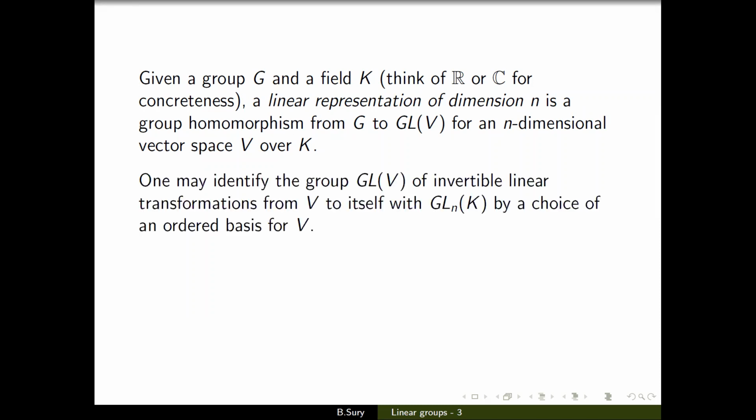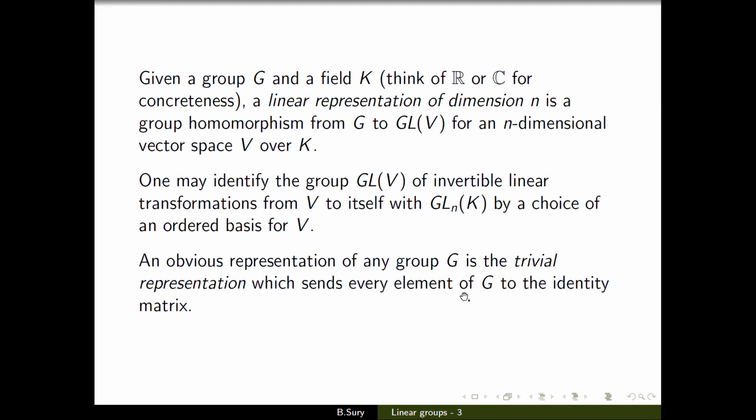As we know, the invertible linear transformations can be identified with n by n invertible matrices by choice of a basis. So what is an obvious representation? Of course, you can just completely forget that the group has to act on something. You just let it act trivially. That means the linear action of G on V is the trivial action, that means G goes to the identity matrix. You have to take care of these things also.